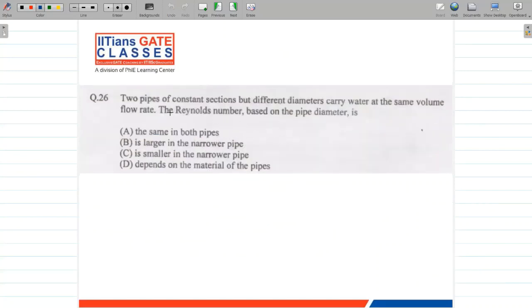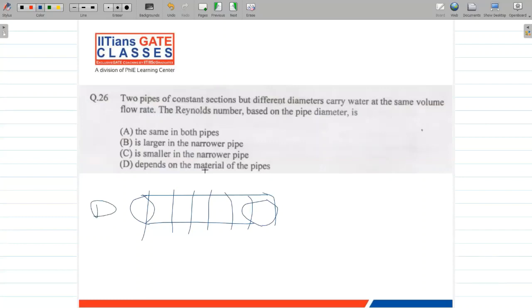So here is an interesting problem where you have two pipes of constant sections but different diameters carrying water at the same volumetric flow rate. So you have two pipes, pipe A, pipe B, and they have constant section, meaning that at every location, your cross section is constant.